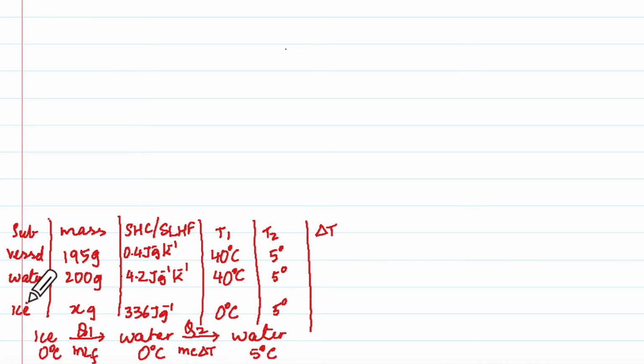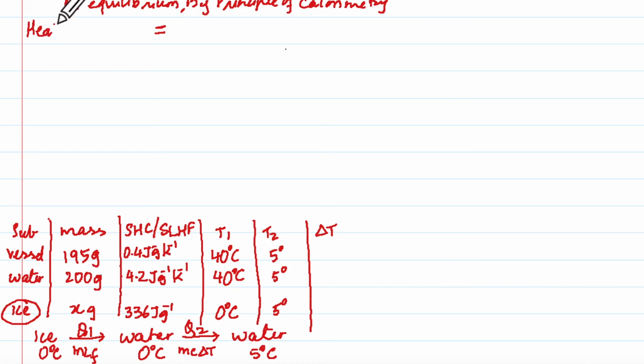Now remember, ice is going to melt, it's going to gain heat. So I'm going to say at equilibrium, by principle of thermodynamics, put equal to sign in the middle of the page and you'll say heat gained by ice will be equal to heat lost by vessel.